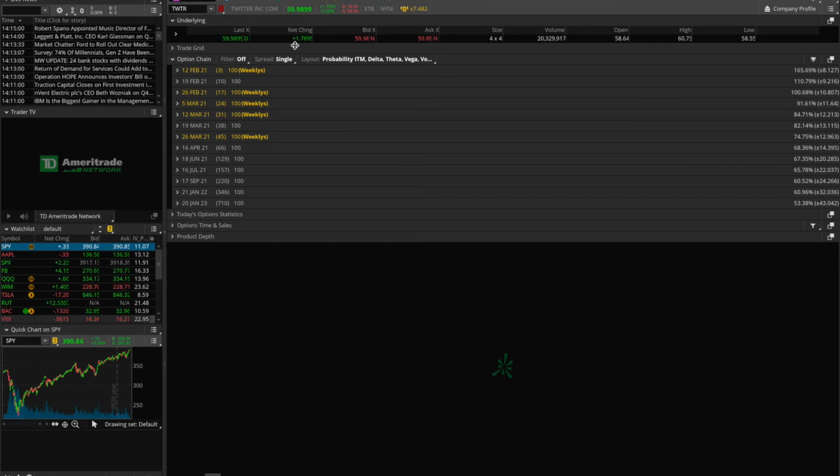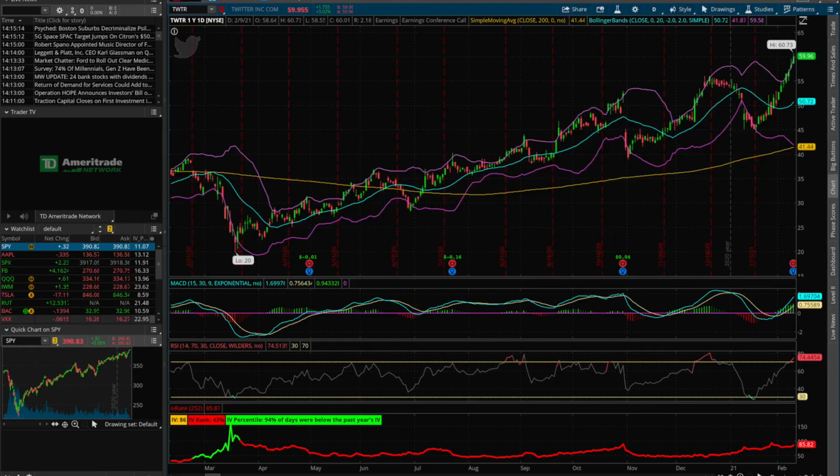Like I said, ideally I want Twitter to remain within that range, and I would also like the implied volatility for Twitter to contract significantly. This graph down here shows you the implied volatility levels for Twitter over the past year. In case you aren't aware, implied volatility is simply the market's expected range for a particular stock over a 1-year period.